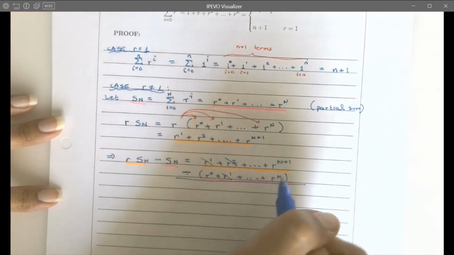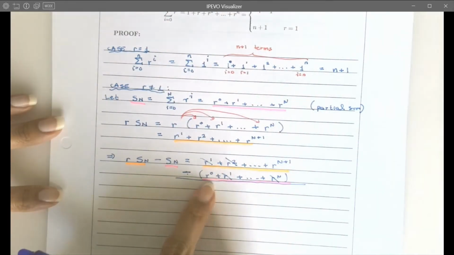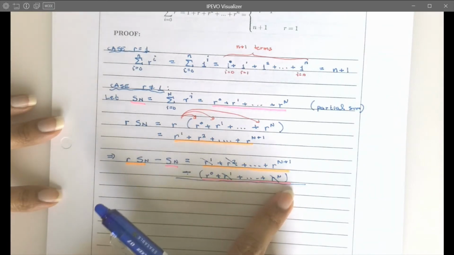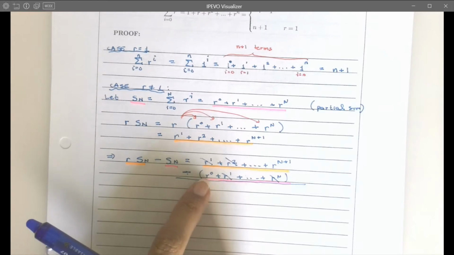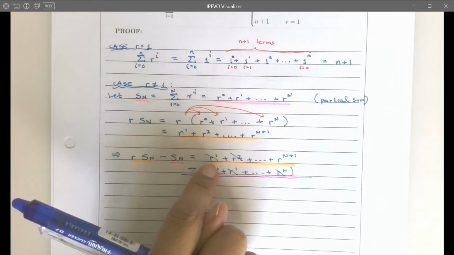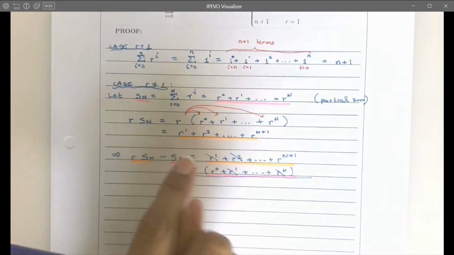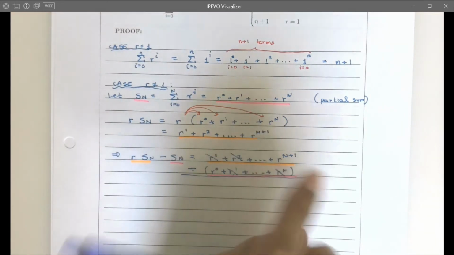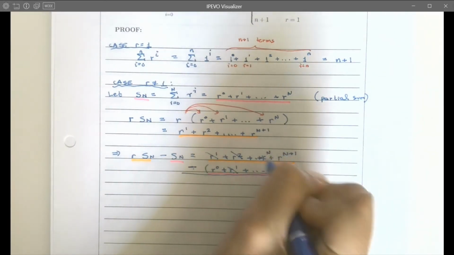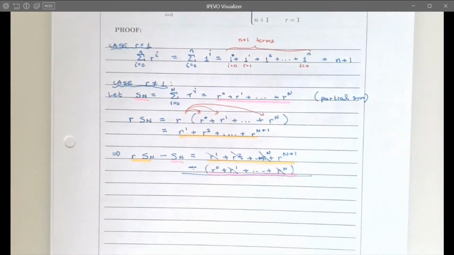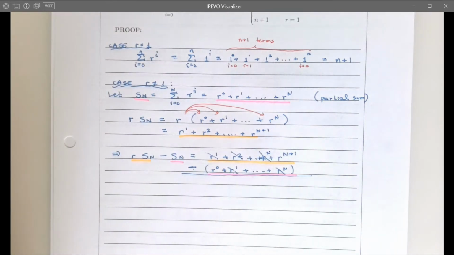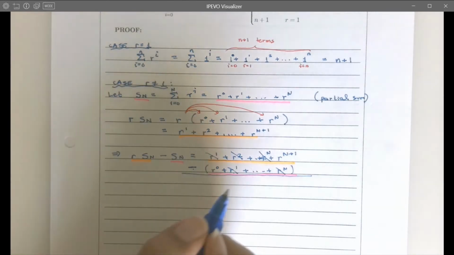And all of the terms in this bottom summation, in the original partial sum, are going to cancel or zero out, except for R to the 0. In the first term, R times Sn, we're going to see that everything is going to cancel out up until R to the n, right? These are going to subtract to 0, but R to the n plus 1 is going to survive. That's the only term that doesn't get subtracted out.